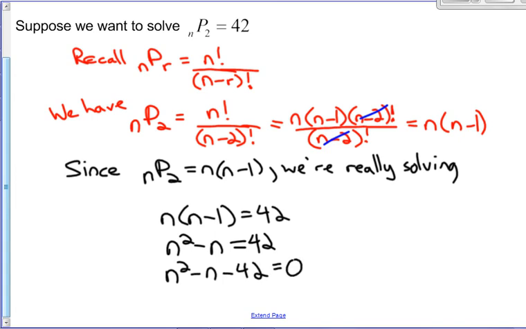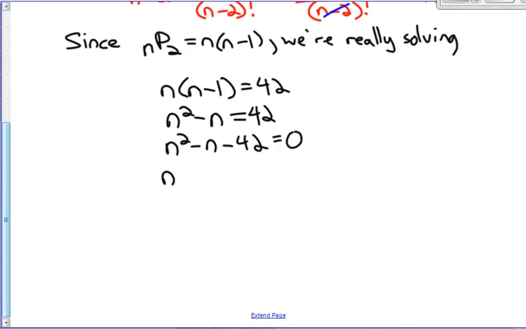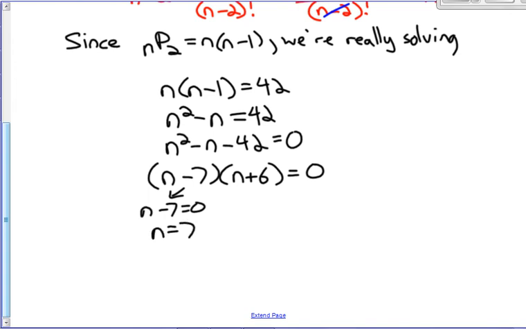We make one side 0 because it's a quadratic. We factor it. We get n minus 7 and n plus 6, numbers that multiply to negative 42 and add to negative 1. That's going to give us answers of n equals 7 and n equals -6.